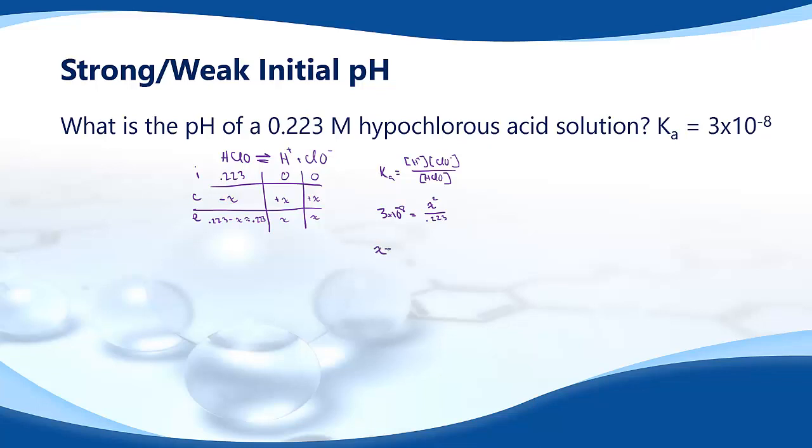So x in this case is going to wind up being 8.18 times 10 to the negative 5th molar. So this again is just our normal Ka problem. And from here, pH is going to be negative log of x, because x is the H+ concentration. That's going to give us a final pH of 4.09. We've done a bunch of these to this point, so that calculation really shouldn't be that difficult.